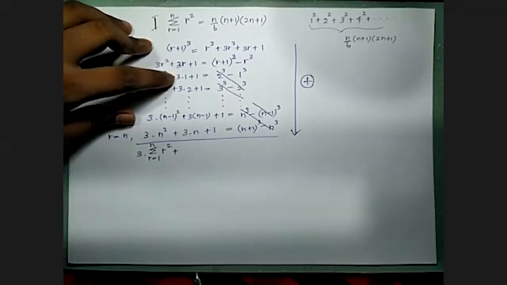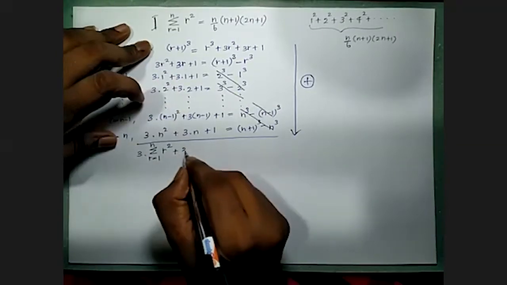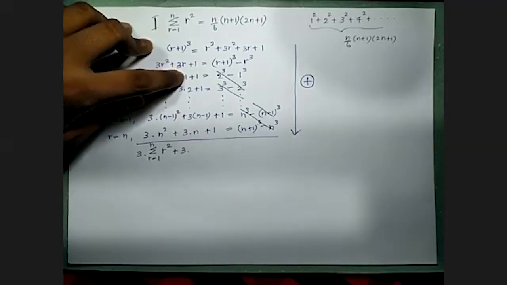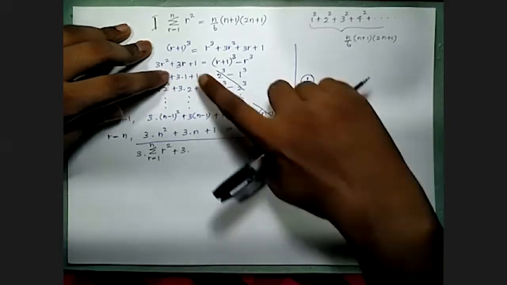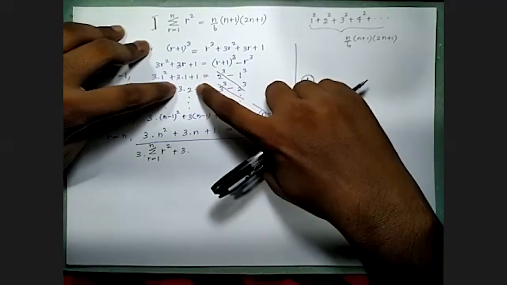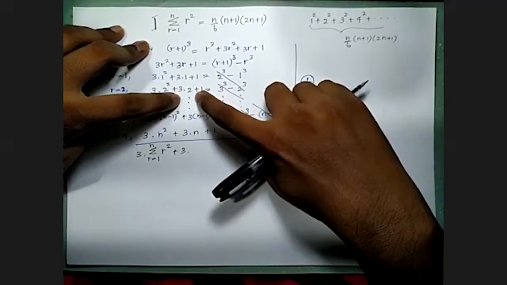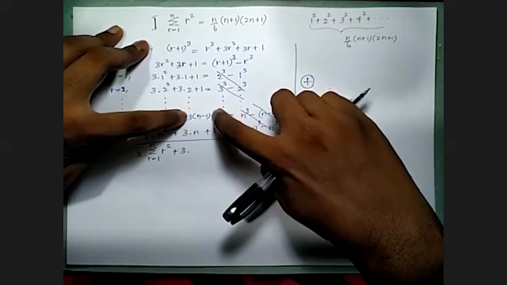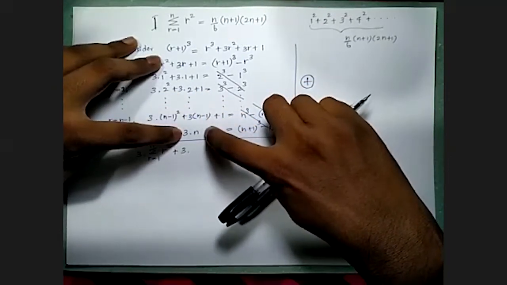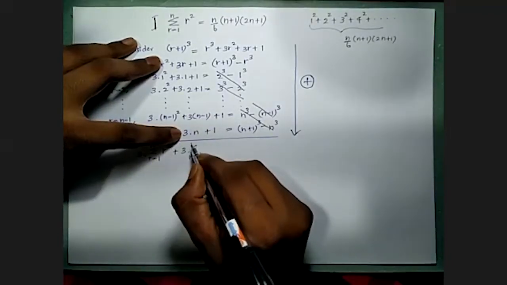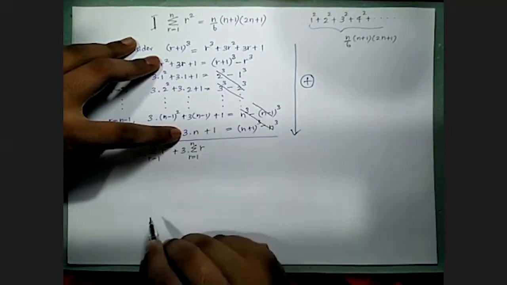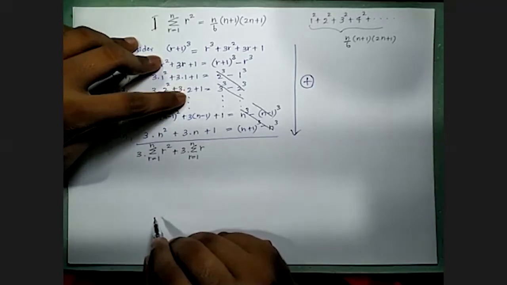Then here, once again you have 3 as the common factor. Take it out. Then what is the series you have? For the second part, 3 into 1, 3 into 2, here you should have 3 into 3, here 3 into n minus 1, 3 into n. That means 3 into sigma r equals 1 to n r. Series is 1, 2, 3 up to n.